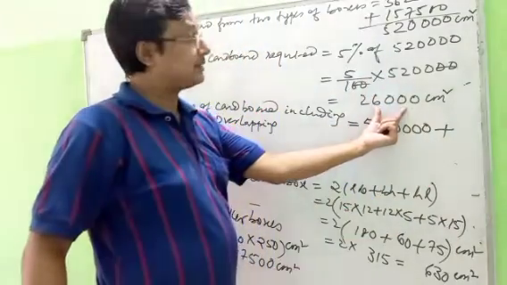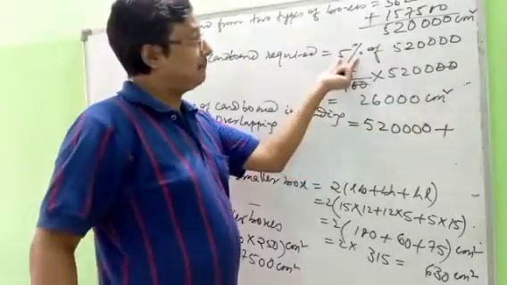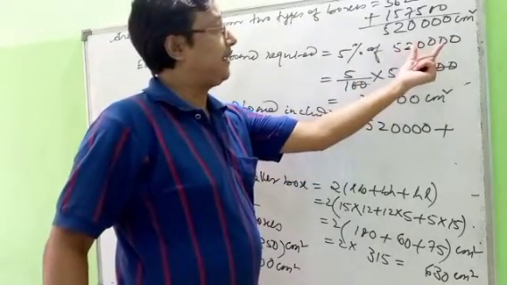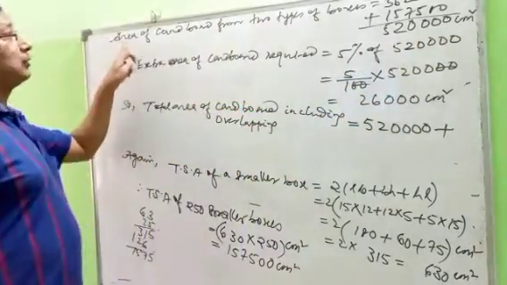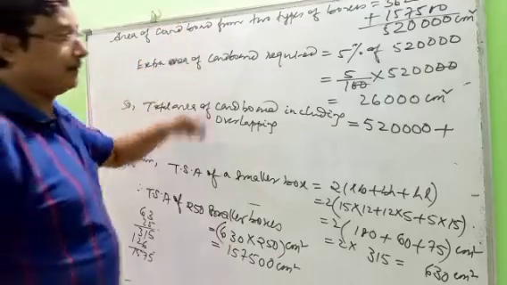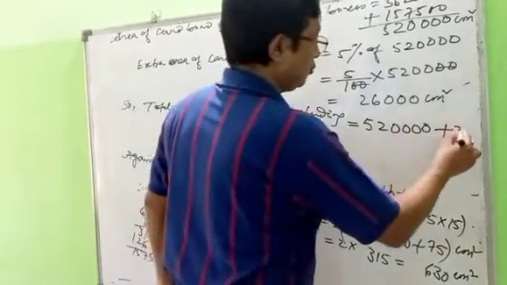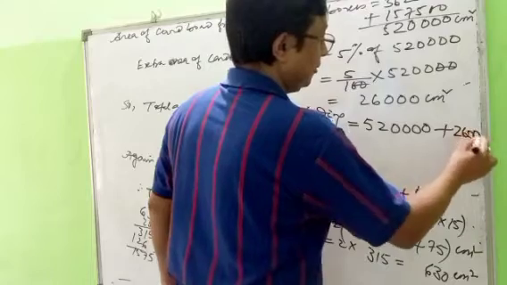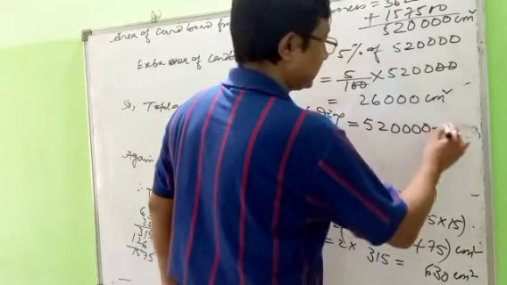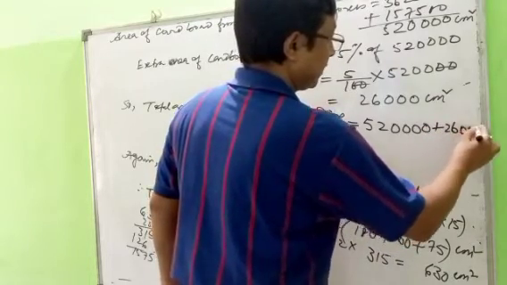How did you get this extra? 5% of the total surface area, which is 26,000.